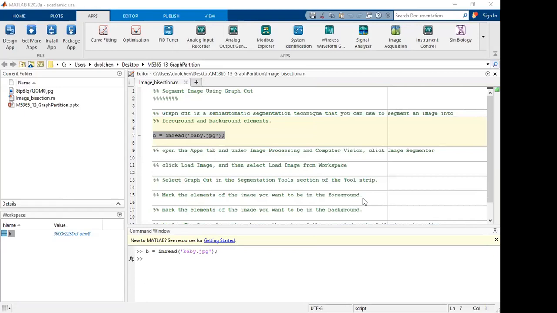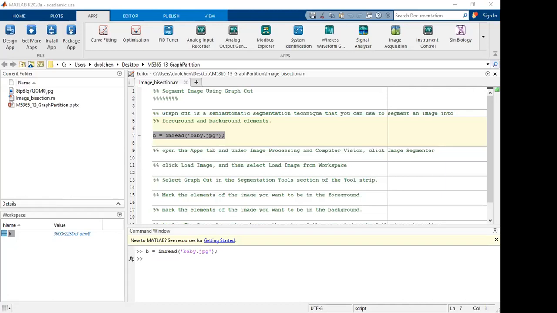What can I do? Okay, so I perform a graph cut. Now, I should mark what is foreground and what is background. The bitmap is already calculated, so the second, this Fiedler eigenvector, is already done.